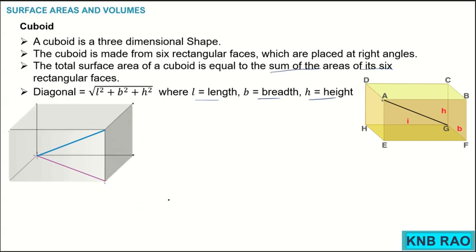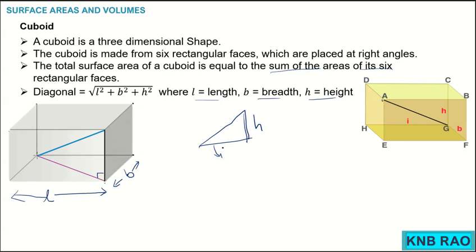Let us say the base shape is of length L and breadth B, where from here to here is B, from here to here is L. Now the height forms a right angle with the base, and this base diagonal and the diagonal of the cuboid form a right angle triangle with height H.